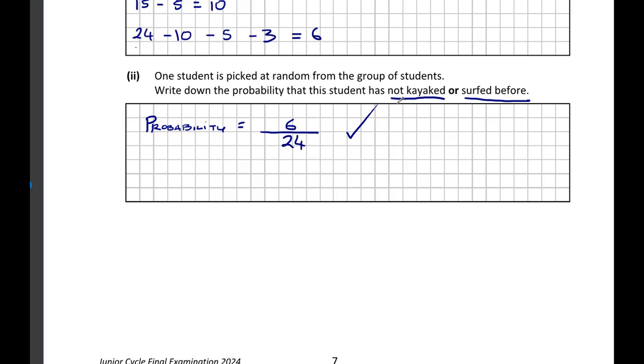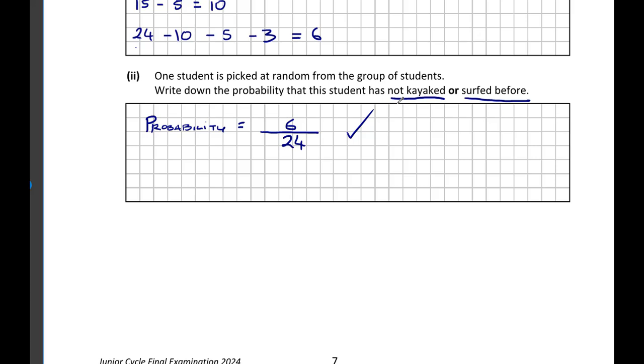That's perfect. Now, in probability in mathematics, you do not have to simplify. So many teachers tell the students to simplify, which is always good in maths, well, actually I shouldn't say it's always good. It's 99.9% of the time the thing to do.